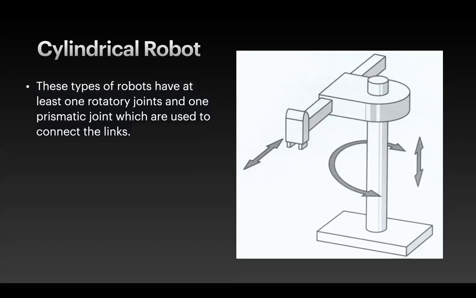A cylindrical robot has one rotating joint. As given in the picture, it can rotate across this axis and then it can go up and down, or you can expand this axis as well. Yes.